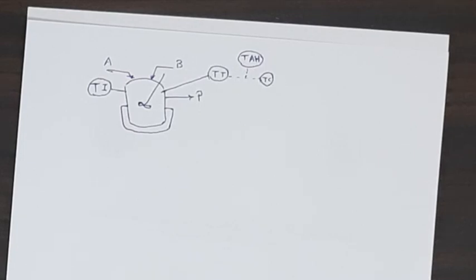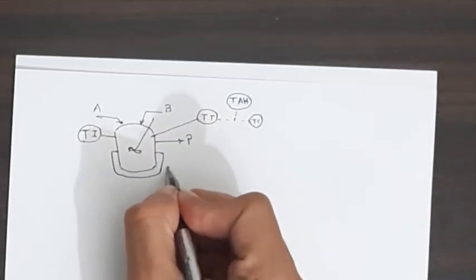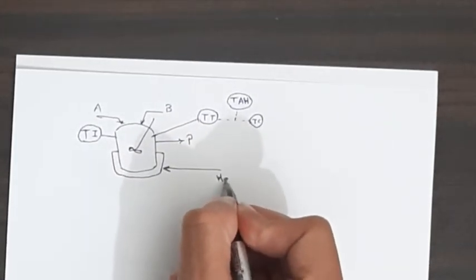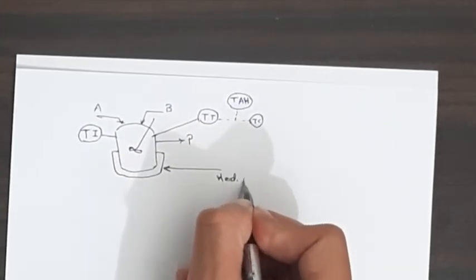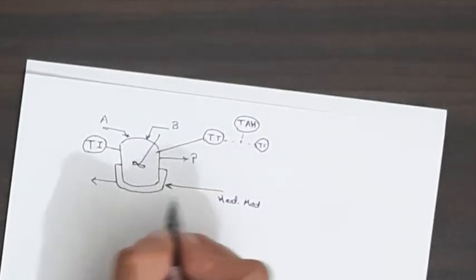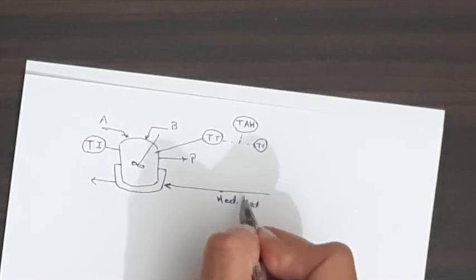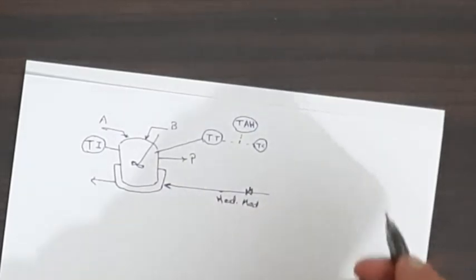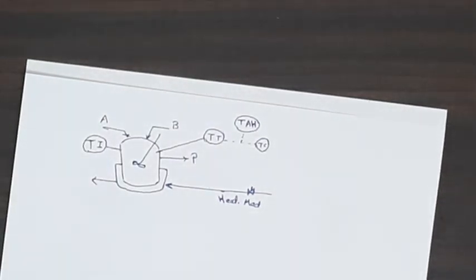Here is the point. In this question, it indicates that the jacket has a heating medium. So let's say it is steam or anything, so it is a heating medium. When the temperature is high, then the flow rate of the heating medium will be lowered.